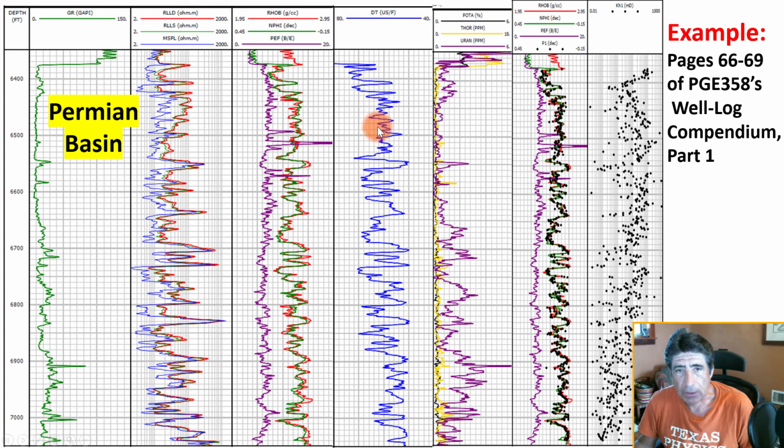The sonic log is a very good indicator of rock porosity. Whenever you have fast rocks or short times of travel, that will be segments with low porosity, as we can see here.